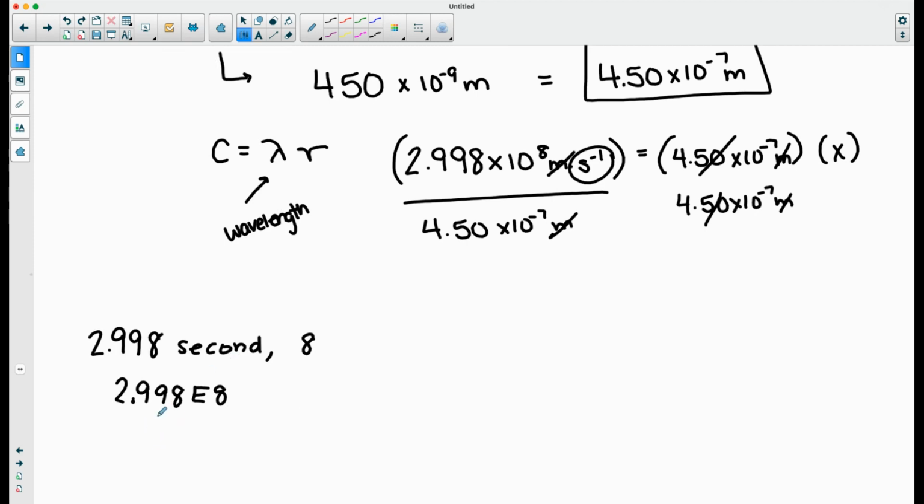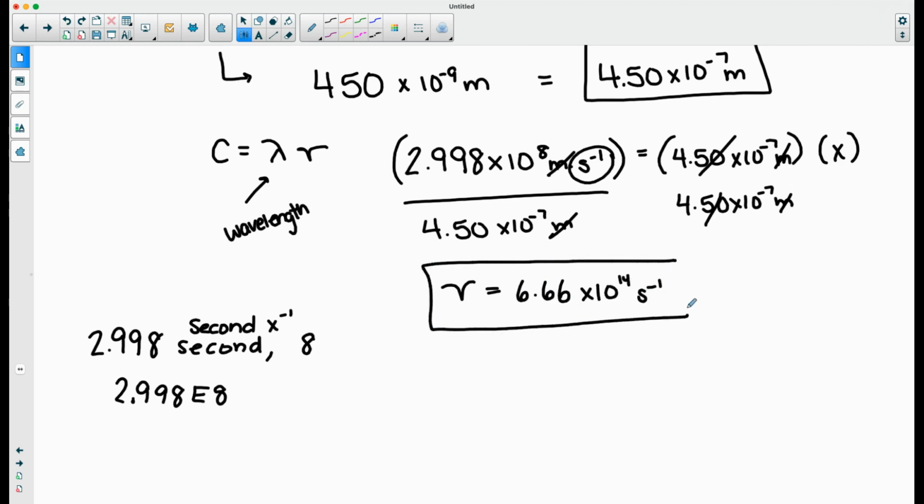It's still the button above the 7, only instead of second comma, this becomes second x to the minus 1, and you'll get the same thing on your screen. So now divide by 4.5, second comma negative 7, or 4.5, second x to the minus 1, negative 7, to get that EE button. Turns out that my frequency is 6.66 times 10 to the 14th seconds to the minus 1. That was actually the answer to the second question.